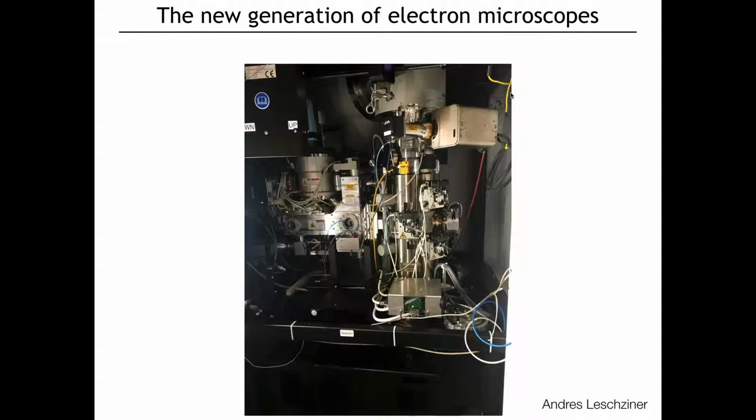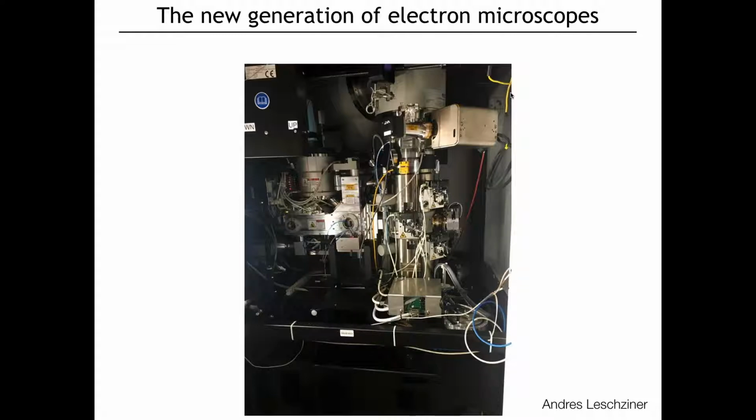One of the major improvements that has come around in the last few years is something as relatively simple as an autoloader, for robotically inserting specimens into the EM column, and piezoelectric stages for moving the specimens to your region of interest.